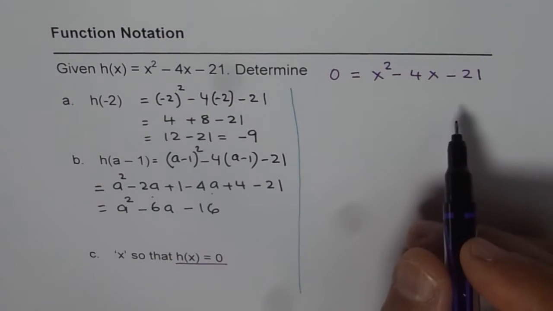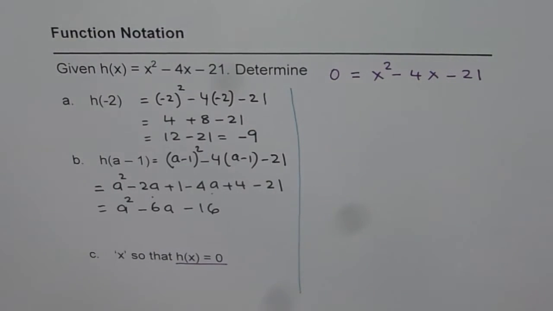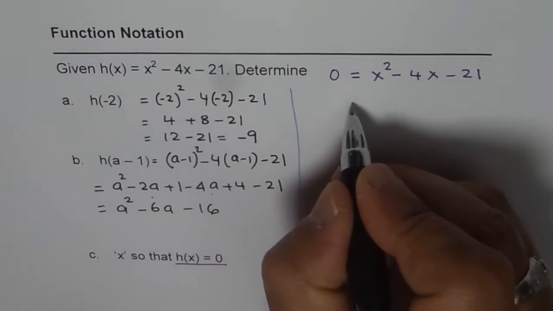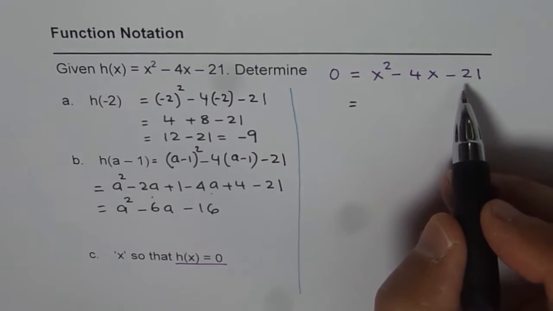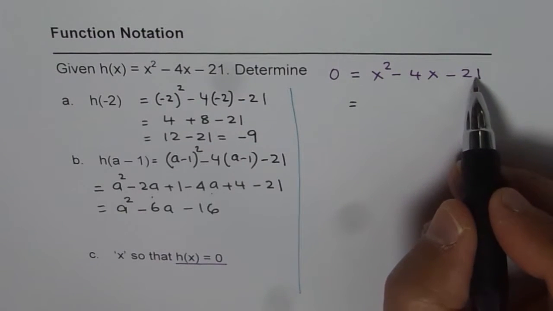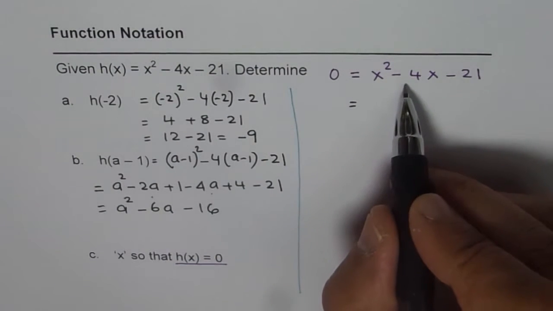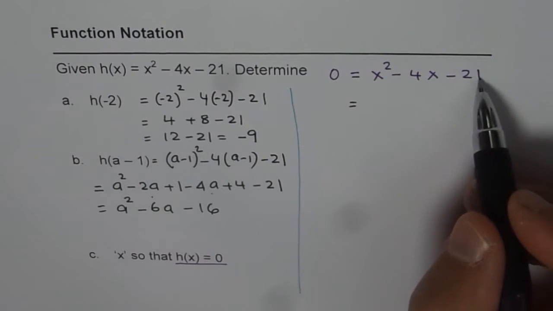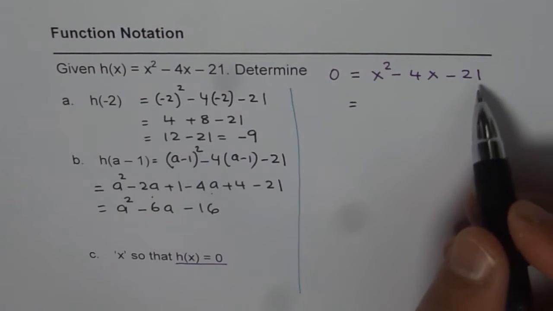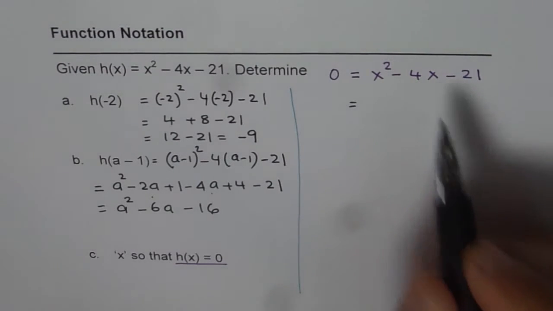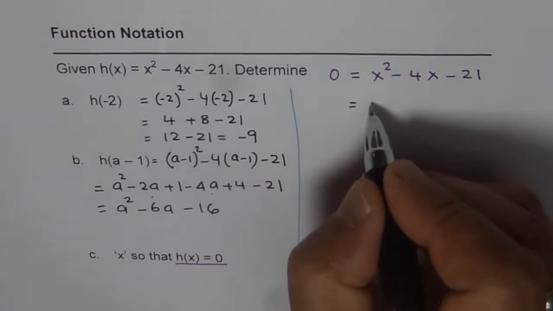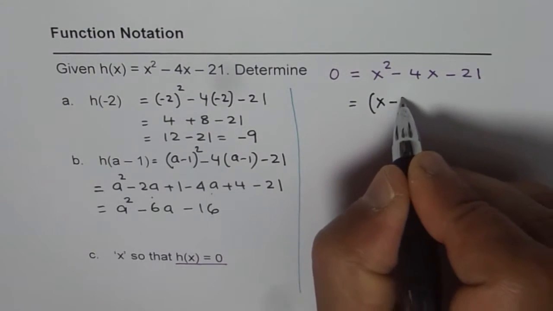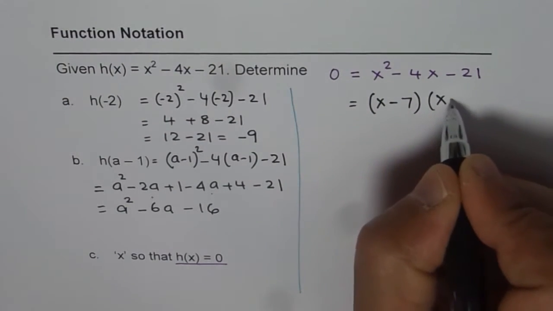Now we can solve this in different ways. One way is we can factor, correct? So let's factor this. We are looking for two numbers whose product is minus 21 and sum is minus 4. 7 times 3 will give us 21. If I take the higher one, 7, as negative, then we have x minus 7 times x plus 3.